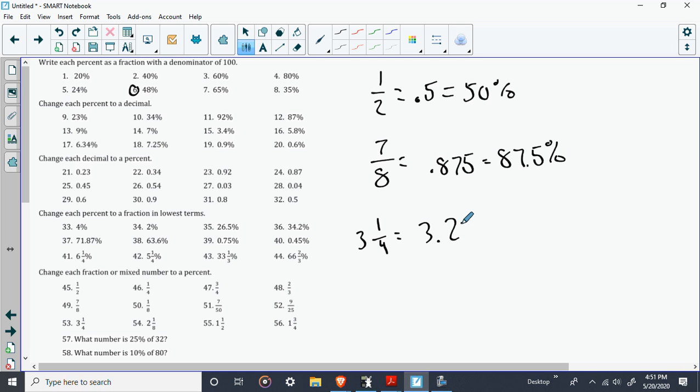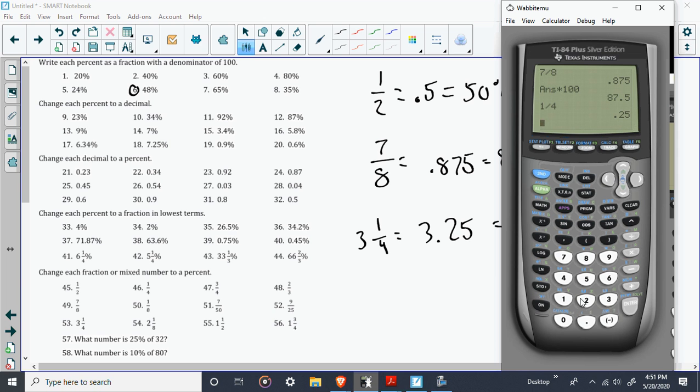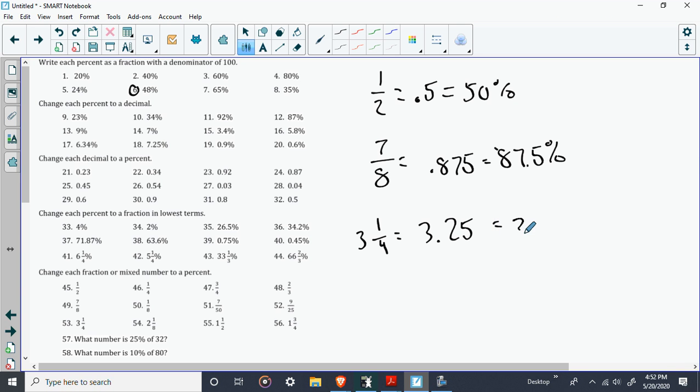Put the 0.25 after, and now let's multiply that times 100. 3.25 times 100 is 325%, which by the way is totally fine. I know 100% is a whole, but 325% is totally fine.